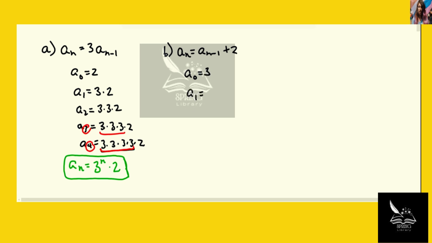Well, again, let's do the first few here and see if we can see a pattern emerge. Okay, so a sub 1, we take the prior term plus 2. A sub 2, we take the prior term plus 2. A sub 3, we take the prior term plus 2.